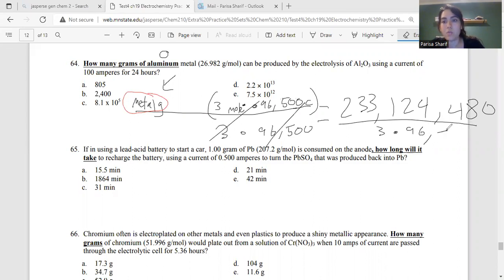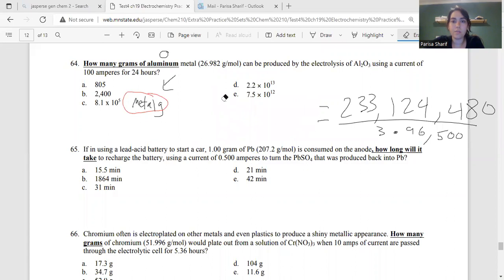And if you don't like the way I'm doing it, you can do it your own way. You can multiply 3 by 96,500, get a number, and then deal with one number at a time. It's totally up to you, whatever you feel comfortable with. Okay, but let's just solve for it the way I'm doing it for now.